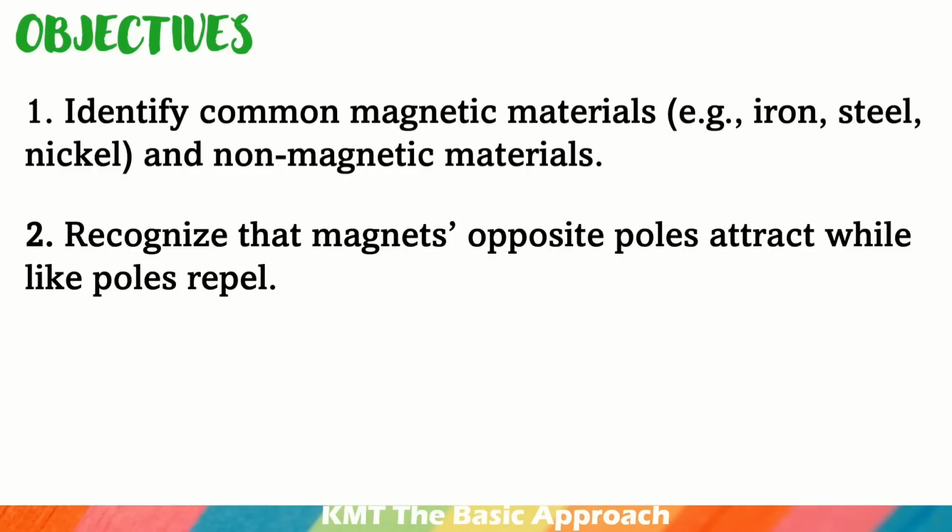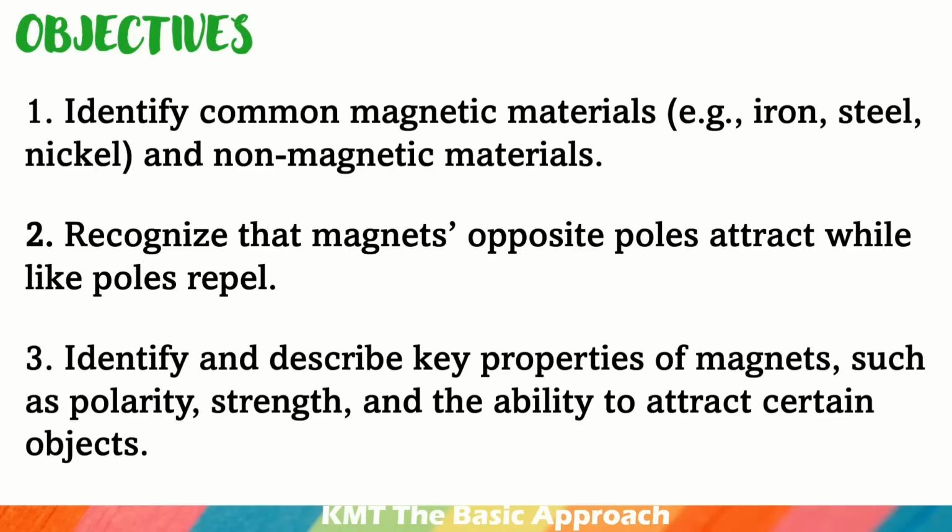Number 2. Recognize that magnets' opposite poles attract, while like poles repel. Number 3. Identify and describe key properties of magnets, such as polarity, strength, and the ability to attract certain objects.